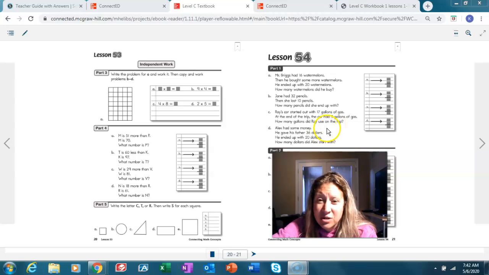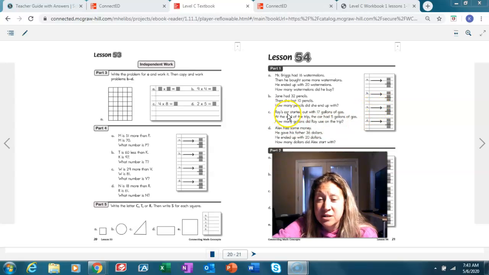Is this one tricky for you guys? Let's read what it says. At the end of the trip, the car had 5 gallons of gas. So he went on a car ride. You have to do a little bit of thinking. He went on a car ride and he used gas, right? So is he going to end up with more gas or less gas at the end of the car ride? He's going to end with less, right? He starts with more, he uses some up, and he ends with less, right?